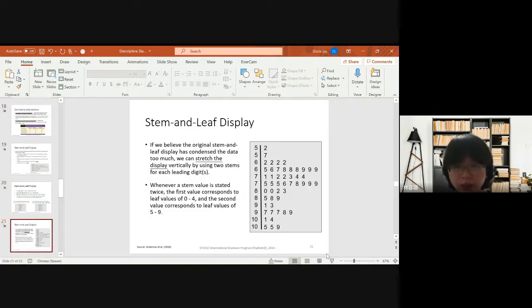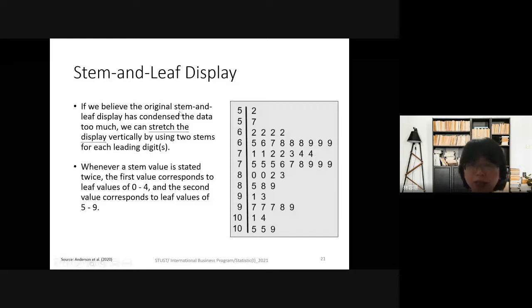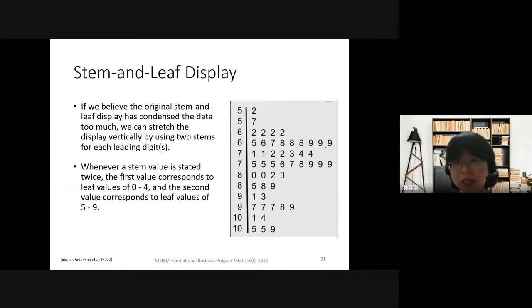So the next one tells us, today you will find that the data set you collect may have a lot of numbers that repeat again and again. For example, the unit here is 10, and maybe you get data like 262, 261, 622, 623.